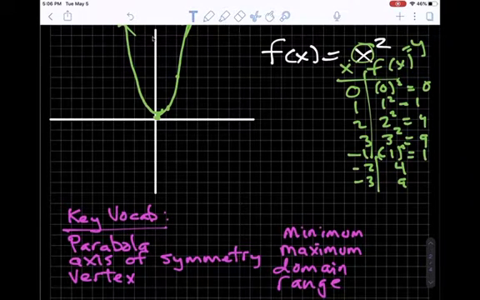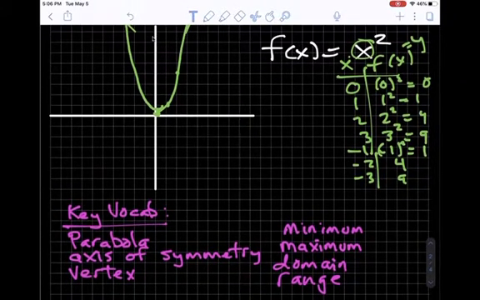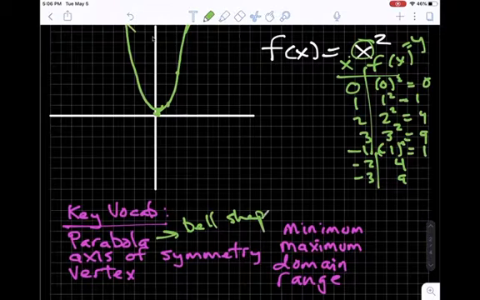There are a few points we have to talk about on here. First of all, like we said, this is called a parabola, which is basically a bell shape. Now, every parabola that's set up like this has something called an axis of symmetry.